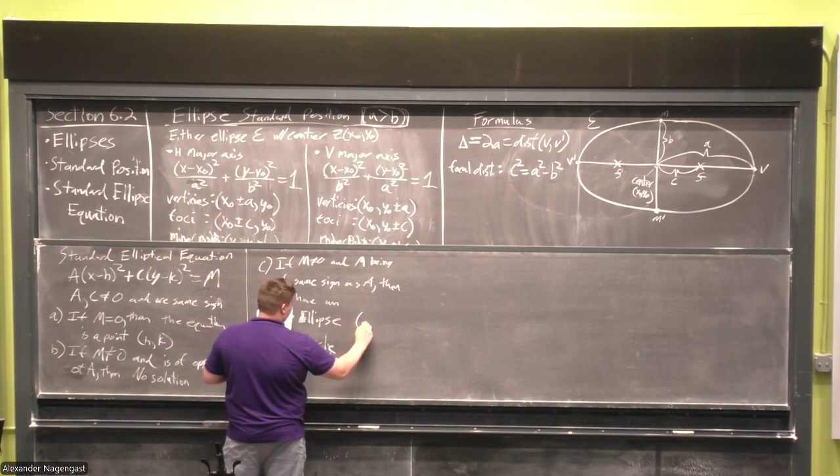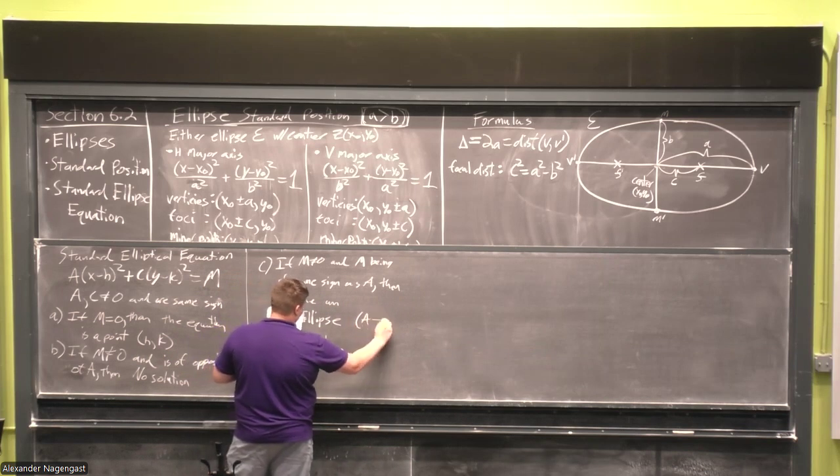We have an ellipse if A does not equal C. We have a circle if A equals C.